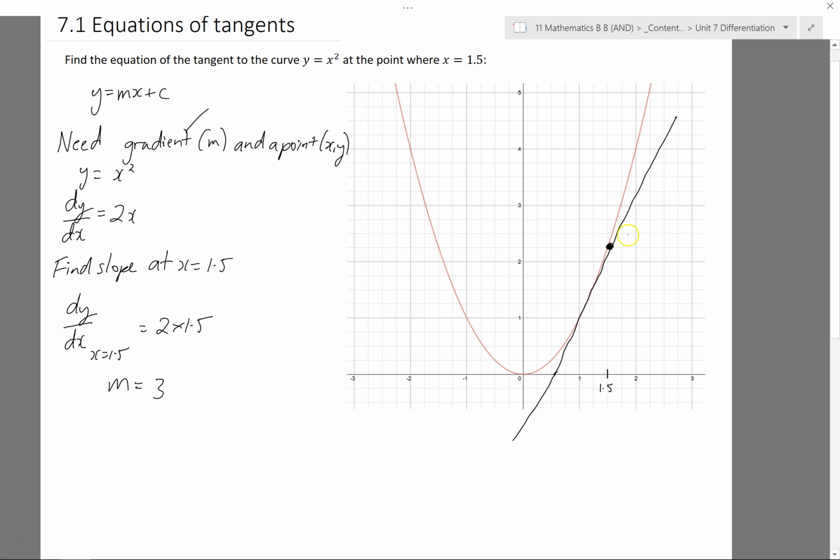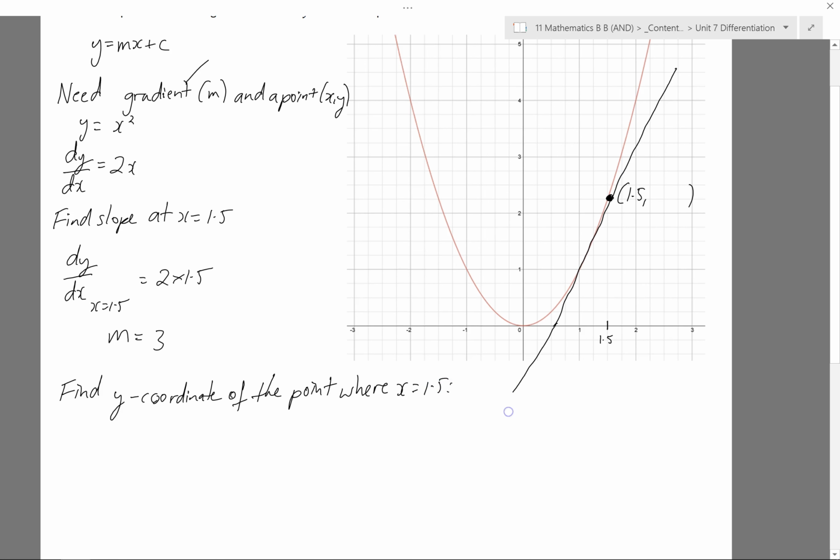I know that this point's x value is going to be 1.5. To find the y coordinate, I just need to square that value. So into y equals x squared, I'm going to sub x equals 1.5.